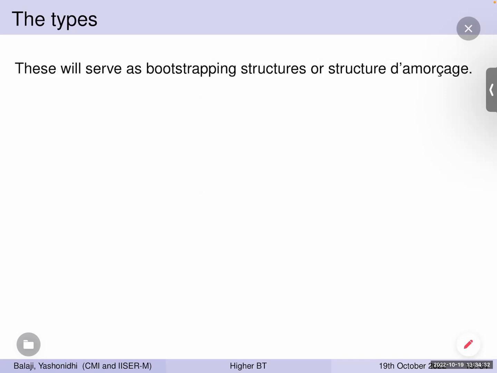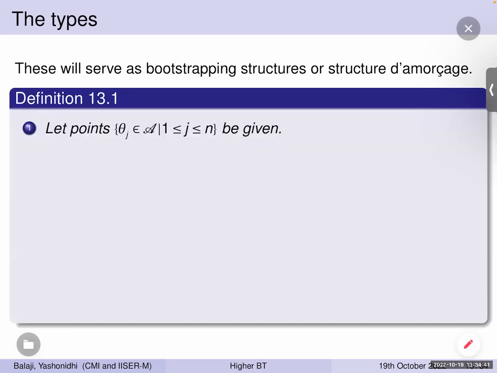So now I want to discuss the types. These will serve as bootstrapping structures, or structure d'amorçage. Definition: let points theta_j in the apartment, for j between 1 and n, be given.